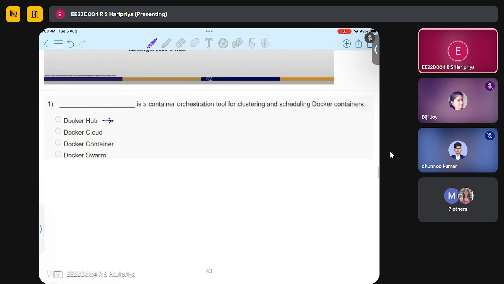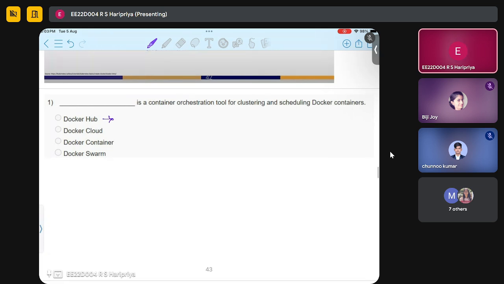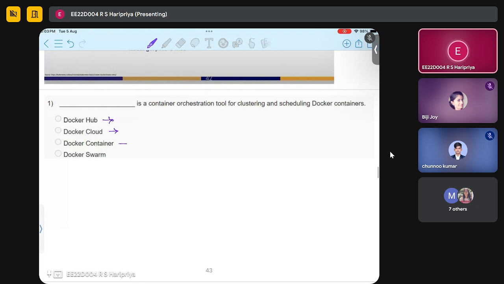The Docker Hub is a cloud-based registry for sharing Docker images, and the Docker Cloud is a service for deploying and managing Docker containers in the cloud, whereas the Docker container is a standard unit of software that packages code and its dependencies. So the right answer is the Docker Swarm. It is a container orchestration tool for clustering and scheduling Docker containers.